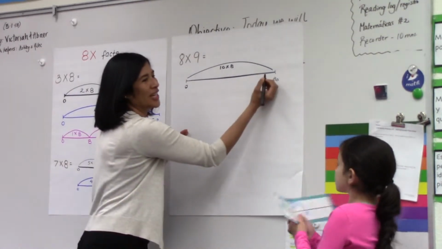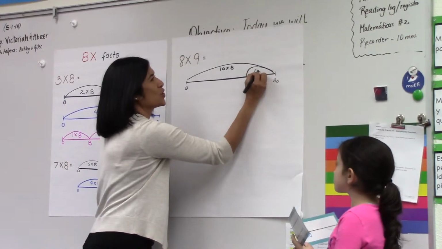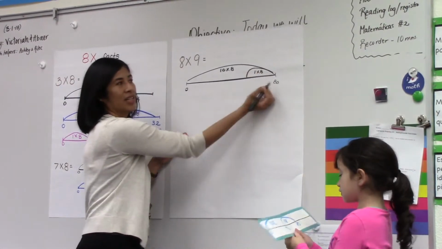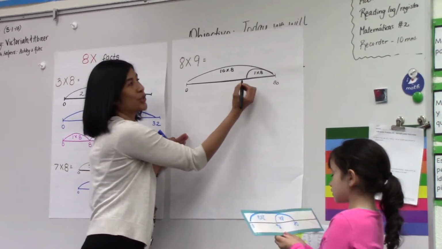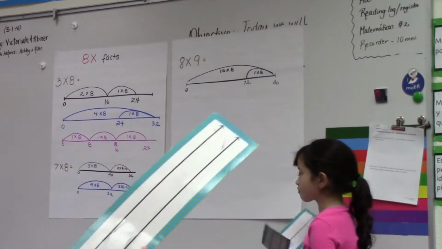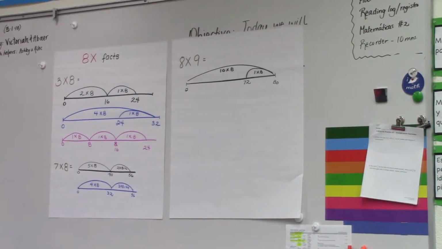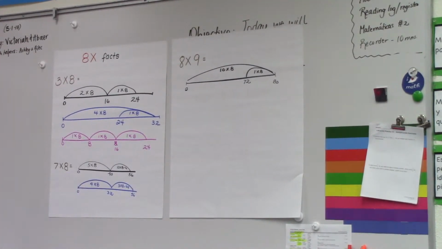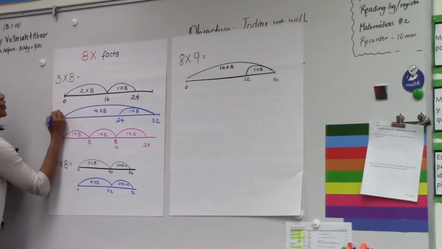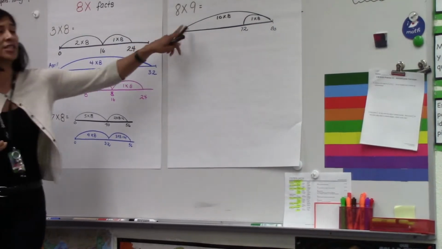So then you decided to take away 1 group of 8. And that is 80 minus 8, which is equal to? 72. Okay. Does that look like something that someone else did before? Yeah. Who did that? April. Right. April had done where she has more groups and then she takes away 1. So she's doing something similar here.